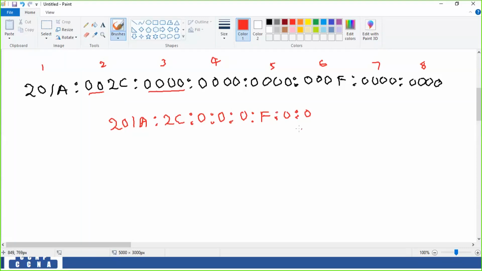Here you can see 2 fields, and here 3 fields. So multiple fields of zeros we can represent with what? Double colon. In an IPv6 address, a double colon indicates multiple fields of zeros. It can be 2 fields, 3, 4, 5, any number.